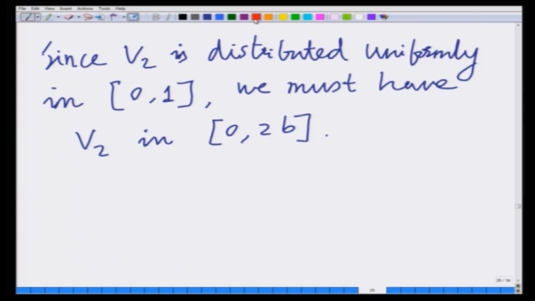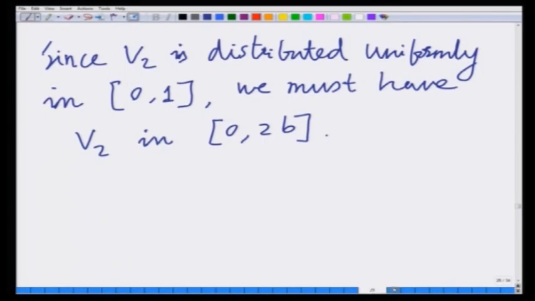Therefore, for player 1 to win the auction, it must be the case that V2 lies in 0 to 2B. And what is the probability that V2 lies in 0 to 2B?